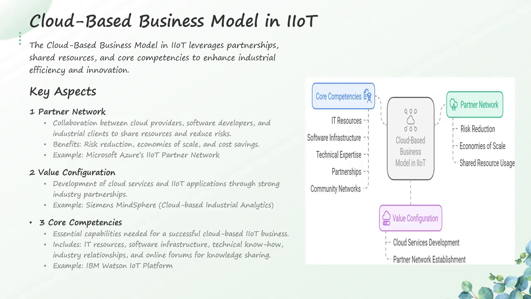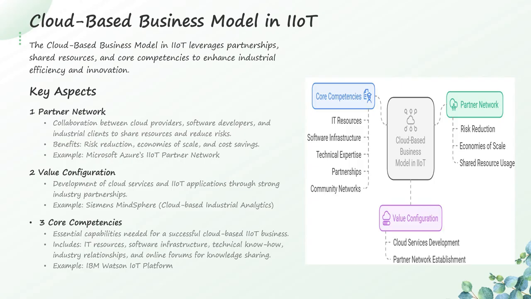And second is the partner network establishment, where collaboration between cloud partners, industrial IoT device manufacturers, and industrial clients takes place. An example for this value configuration is Siemens MindSphere, which integrates multiple industrial partners in order to provide cloud-based analytics and monitoring.